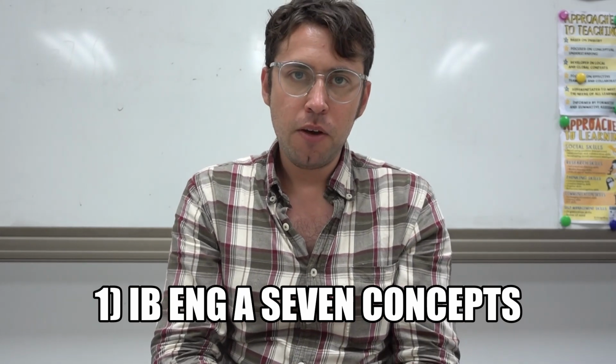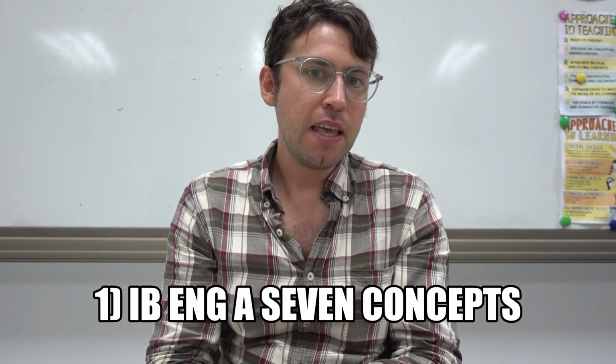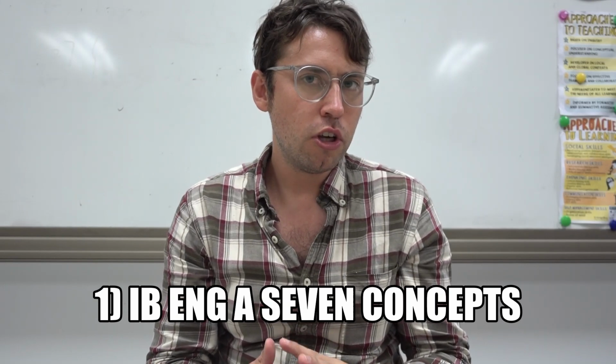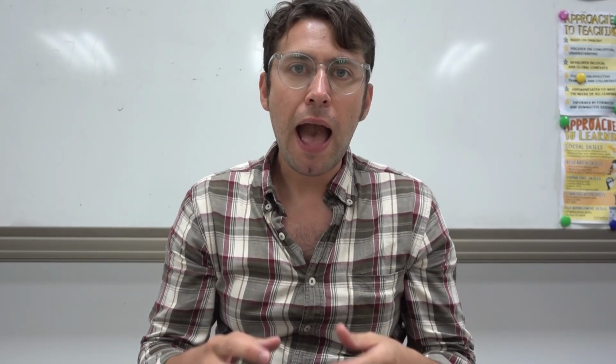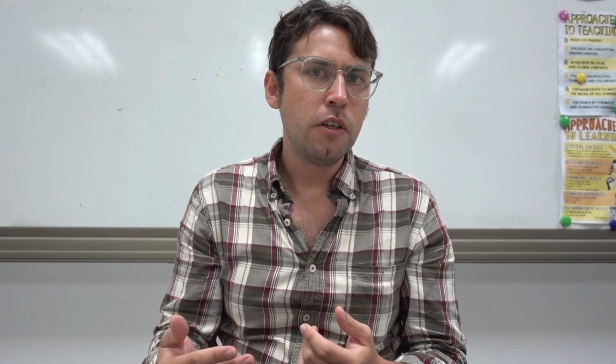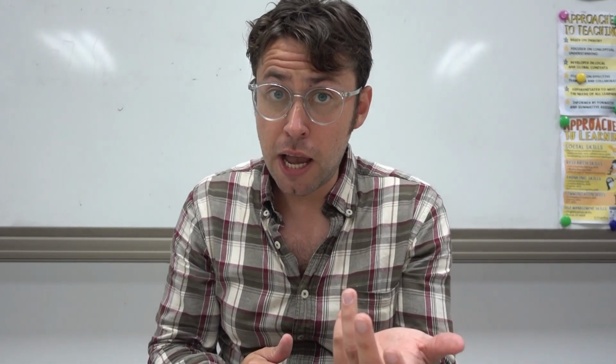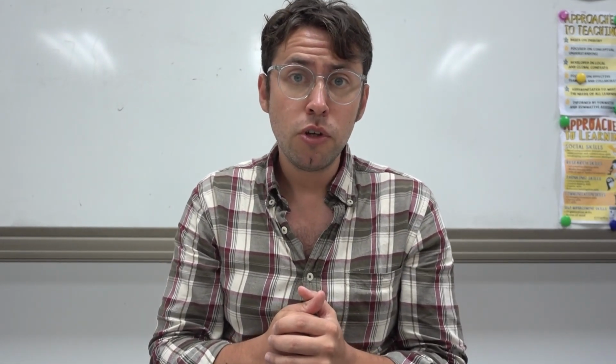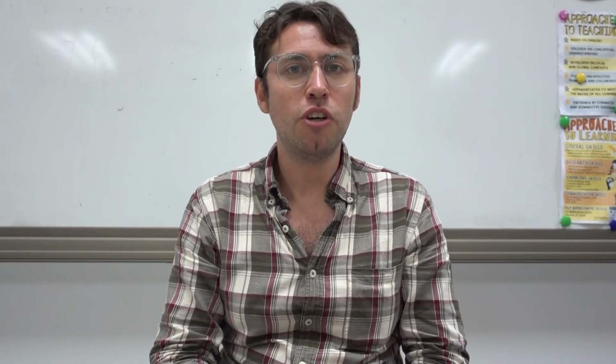My first tip for the HL essay is to take a look at the 7 IB English A course concepts. Now, these are something that maybe your teacher has talked to you about. Maybe you've seen them on posters around your classroom.